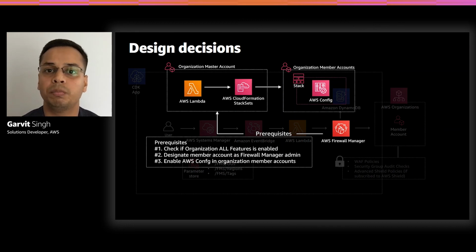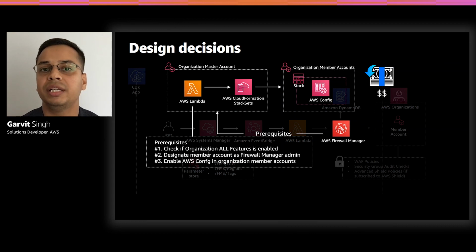So if you bring in a new account in your AWS organization, StackSet will enable Config in that account without any intervention. We also noticed in the demo that we enabled the AWS Config service recorder for only the services that are needed by AWS Firewall Manager. This helps us to keep the cost of the solution down.